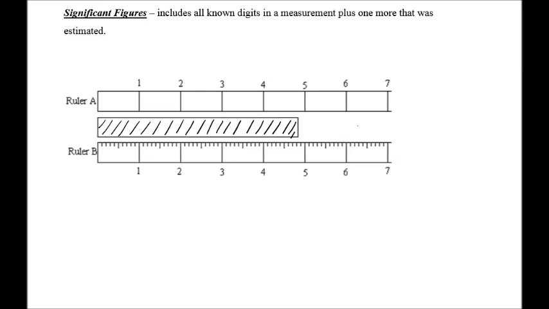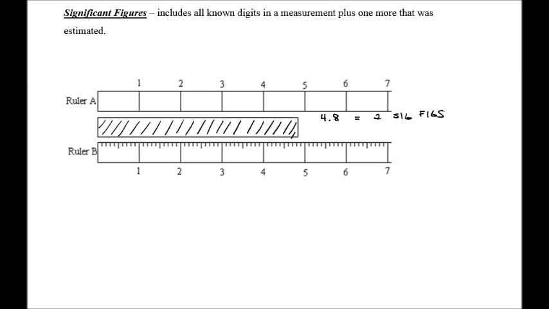So I'm going to say it is 4.8. The 8 is an estimation, but it counts for the number of significant figures in your measurement. So this would have two what we call sig figs, the one you know and the one that you estimate.